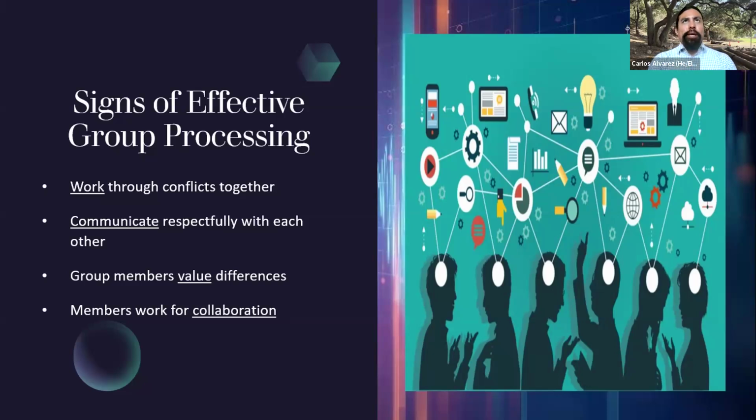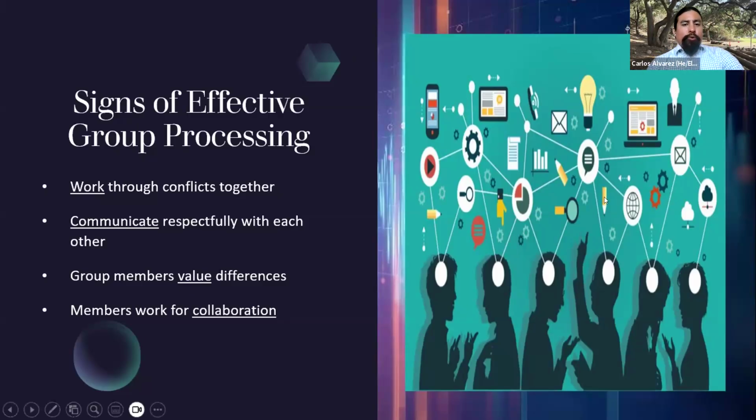Sometimes it could seem easier to have, and I'm using my air quotes here on purpose, control of the group to get things done. But in reality, when you're trying to control people and things, usually that leads to a lot of chaos and disaster because people aren't involved in there. And so the more you're able to make it a collaborative process, the more effective it will be.